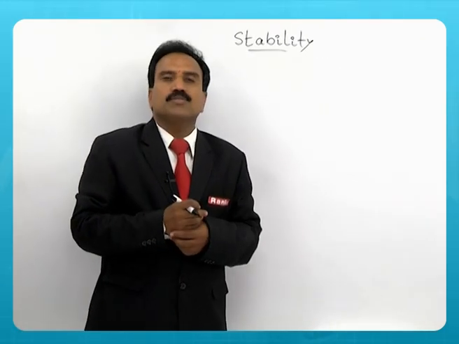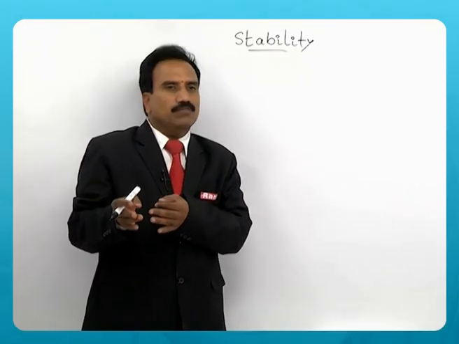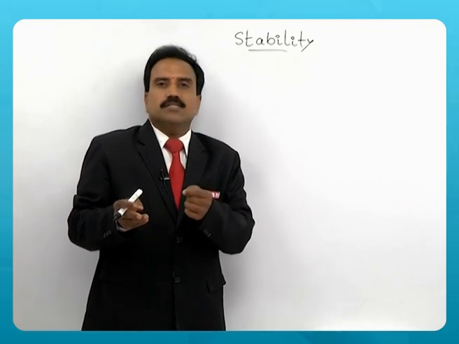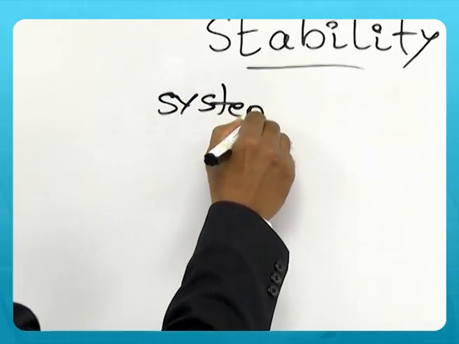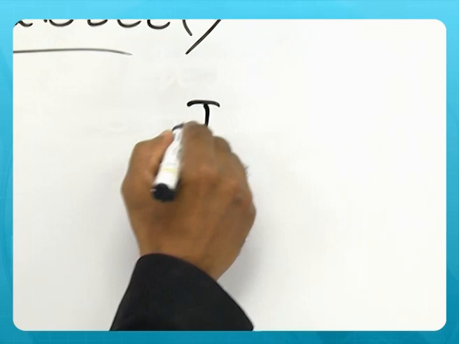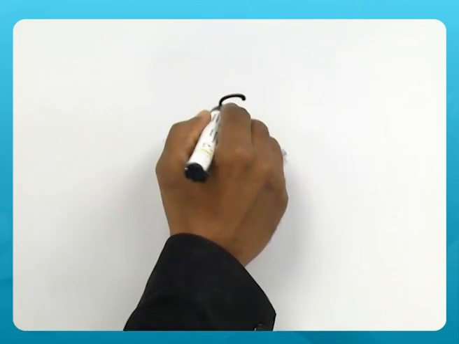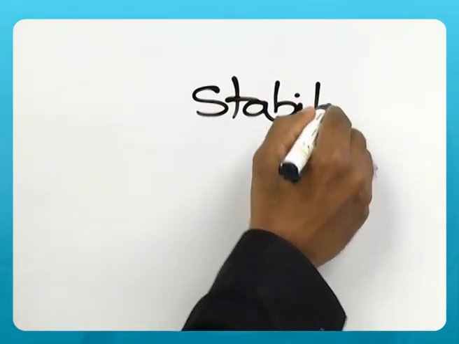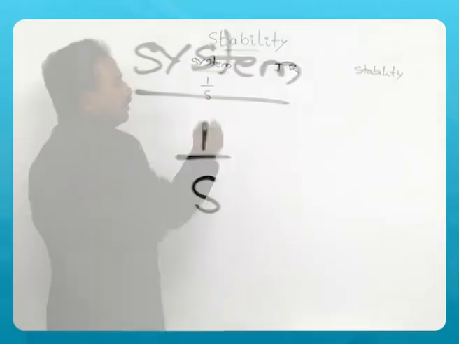Before actually proceeding to the RH stability criterion, let us have an idea of, for a given function, what its impulse response is, what the location of the poles is, and based on the location of the poles, can we assess the status of stability. For example, take a simple system 1 by s.